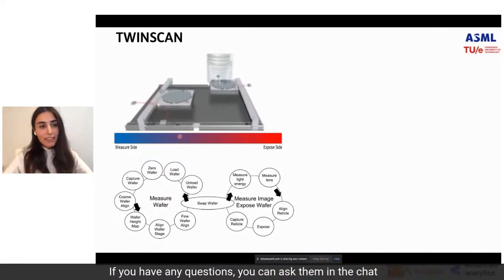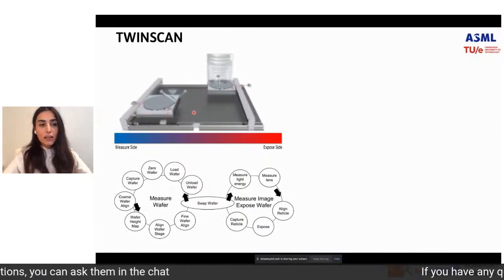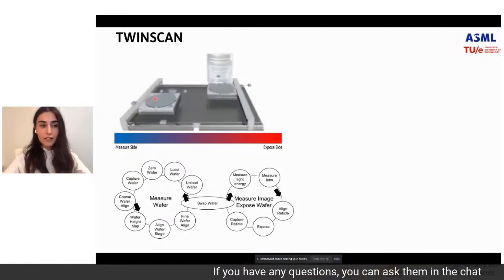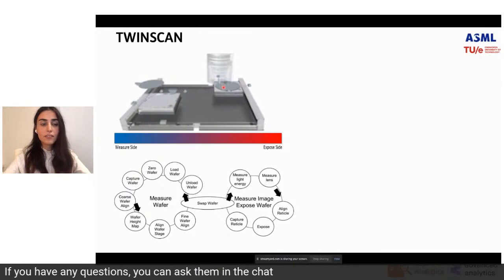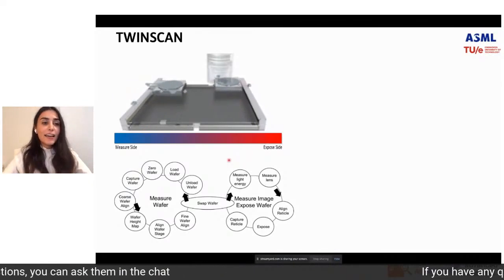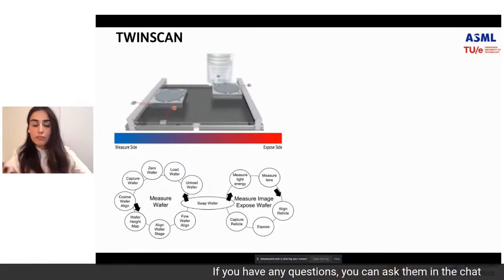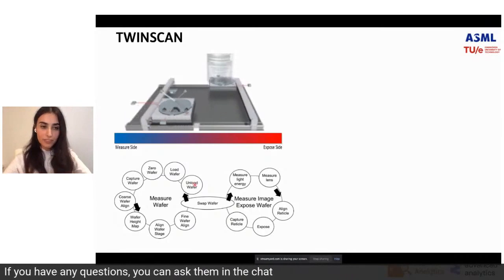And from the name, it has a twin, like 2 stages, where a wafer, which as you can see, a circular plate, comes in. One side is a measure side, and the other side is an exposure side. Measurements are done, and then the wafer is transferred to the other stage, and the image is exposed on top of it.